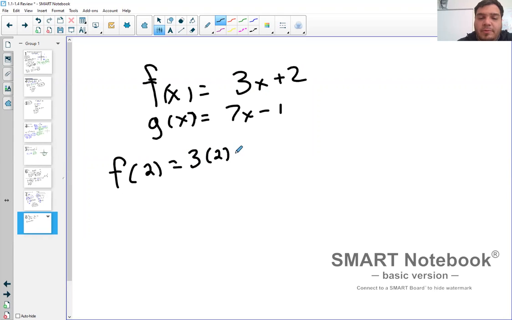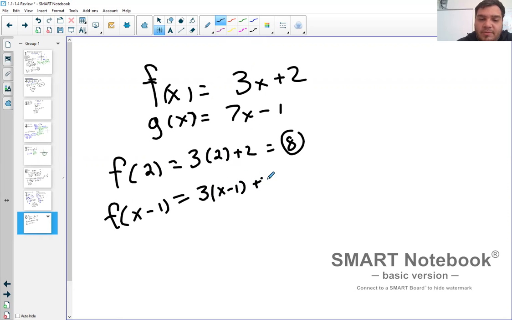So 3 times 2 plus 2, 6 plus 2, 8. So for f of 2, you change the x to a 2. Even if I put something bigger, like x minus 1, I'm going to replace every x with x minus 1 in this case. So 3 times x minus 1 plus 2. 3x minus 3, I distribute that 3, plus 2, and then that's going to be 3x minus 1.